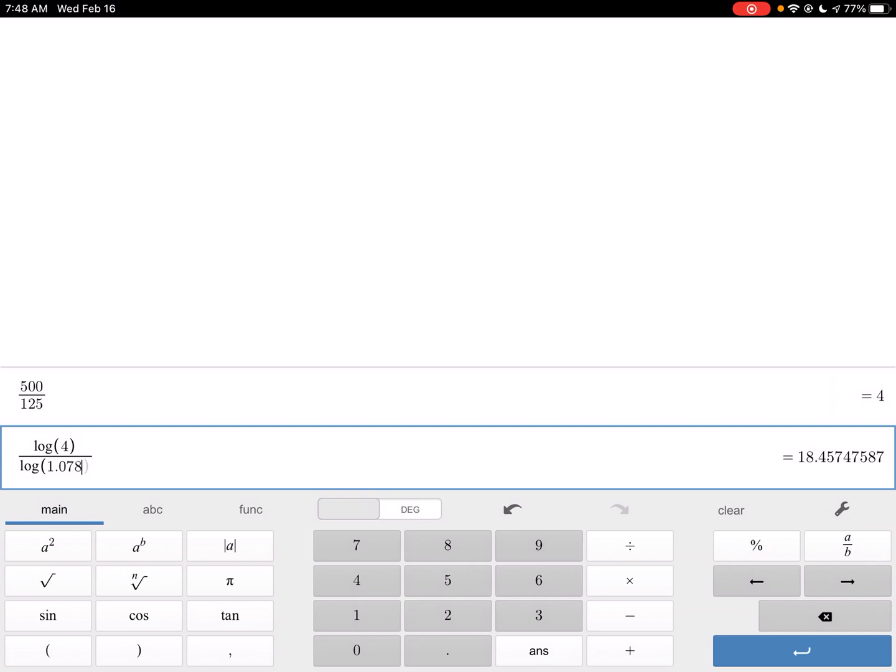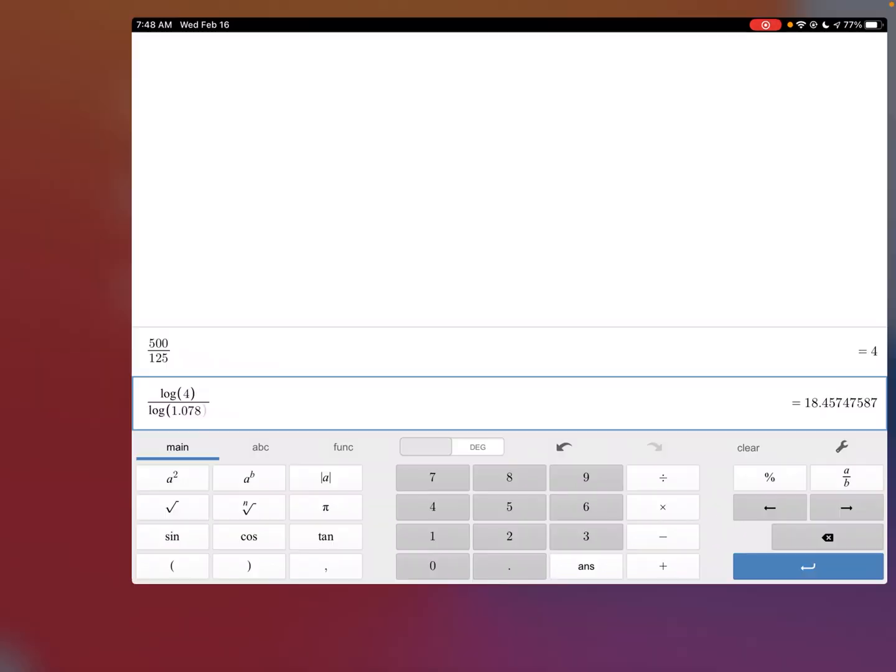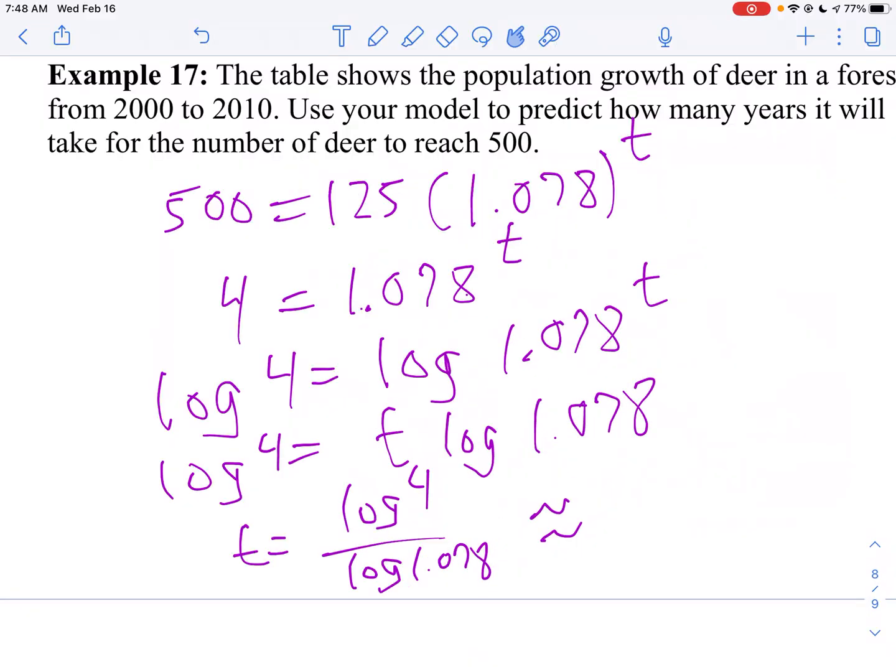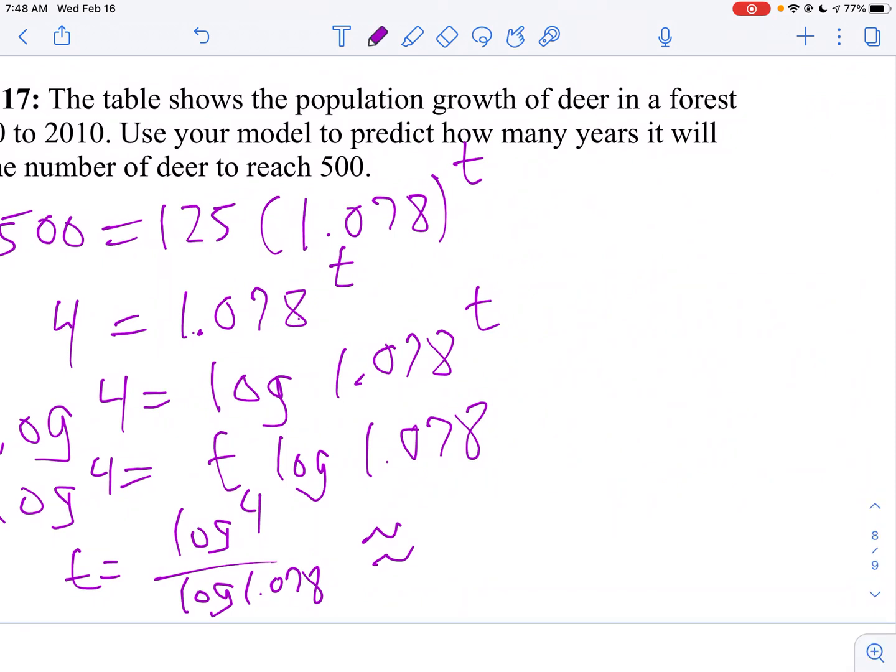And it'll take about 19 years, we'll say. So it'll be about 19 years before it reaches 500 deer, provided there's no major environmental effects happening.